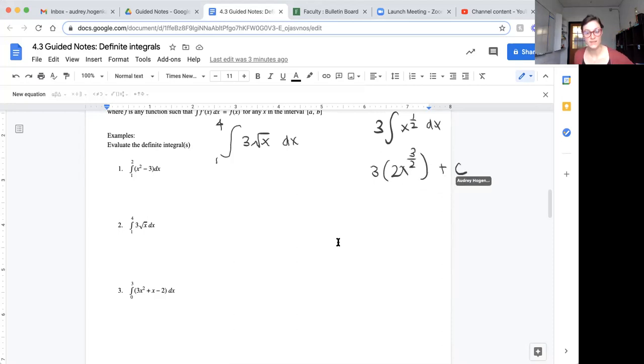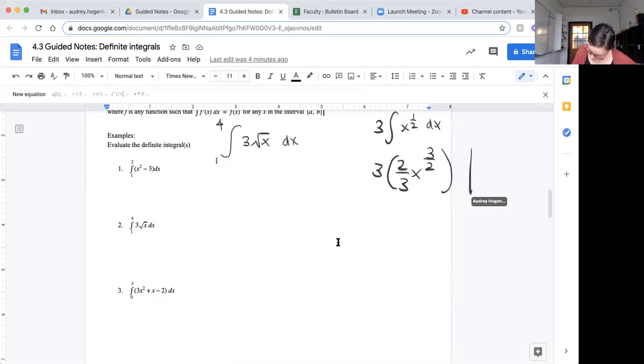Again, that is just our normal integration, nothing fancy there. Or no, I did that integral wrong. I tried to do too many steps in my head. Don't do that. So 1/2 plus 1 is 3 halves. So it's going to be 2/3 x to the 3 halves.